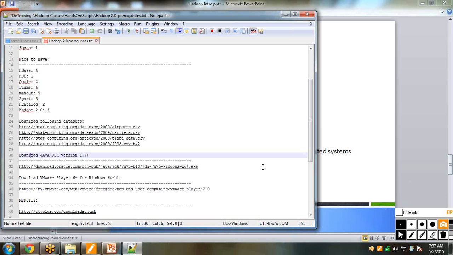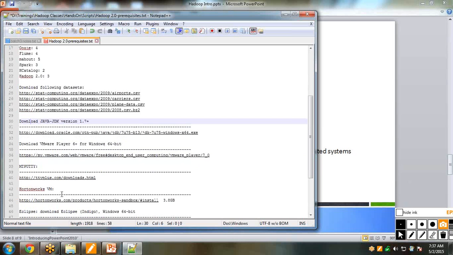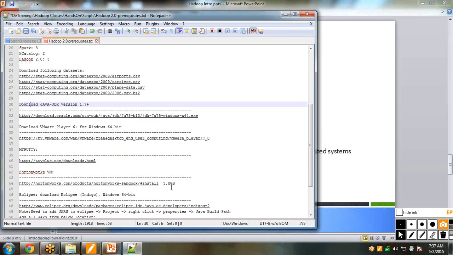You could run all the components of Hadoop on your PC. That's what we're trying to do. This virtual machine needs the VM player to run it, and that's the reason I'm giving a sequence here. If you follow the same sequence and keep it ready, I'll explain how to set things up on Monday.